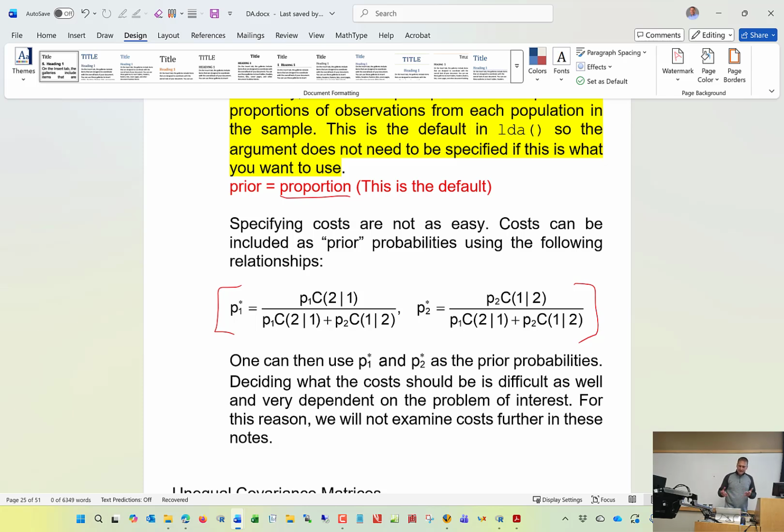It's not of interest to us why these equations come about, but you could use these prior probabilities of P1 star, P2 star to get the costs in there. To be honest, I have never seen anybody implement discriminant analysis and do this, but it is possible. The reason I don't see that is because there are other methods to include costs that are easier.